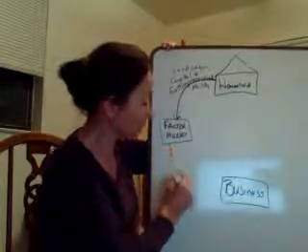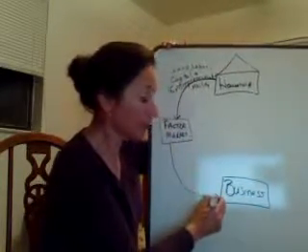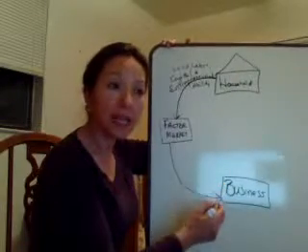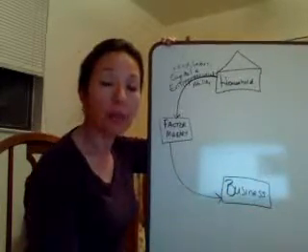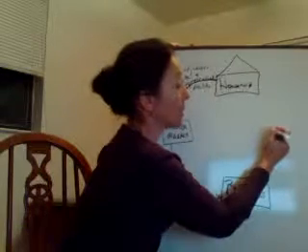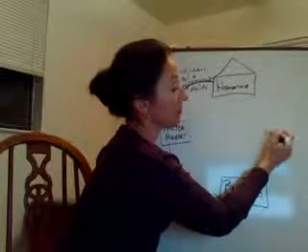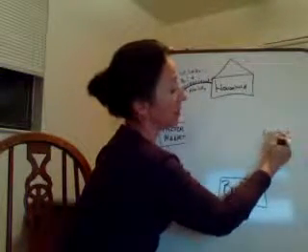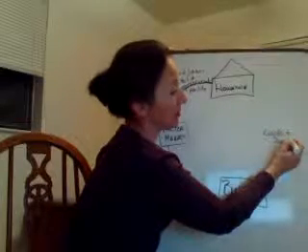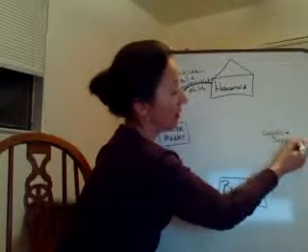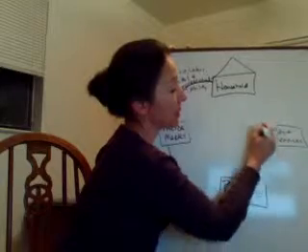So these resources flow down to the business sector, and then the business sector takes all these resources and puts them in the goods and services market. Think about all the things that businesses make.